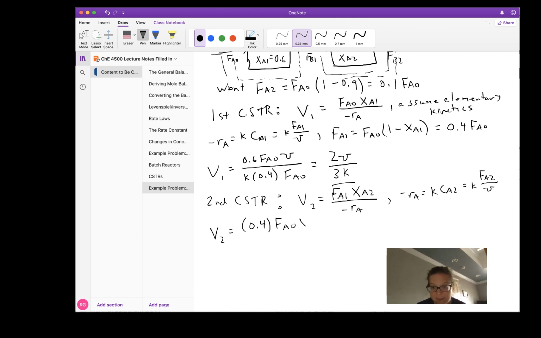Times XA2 times volumetric flow rate divided by K times 0.1 times FA naught. And I can simplify this further to get V2 is equal to 4 times XA2 times the volumetric flow rate divided by K.